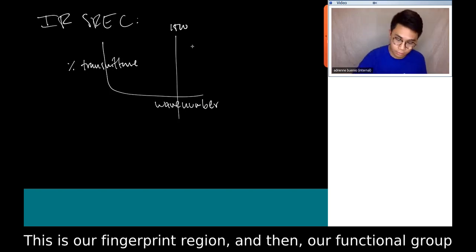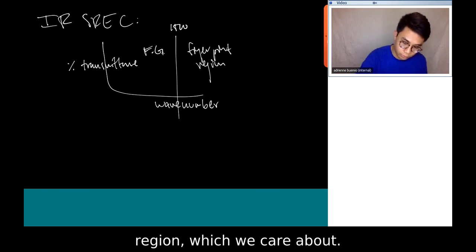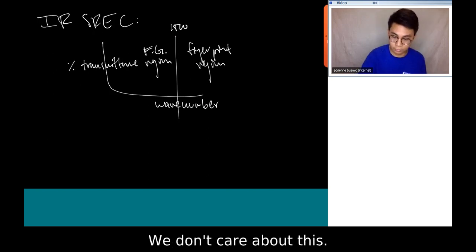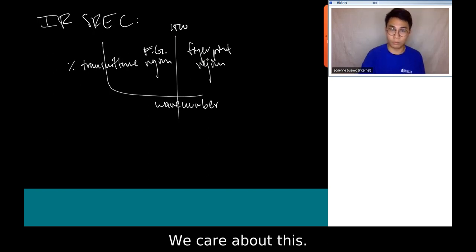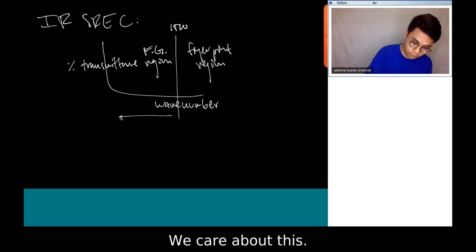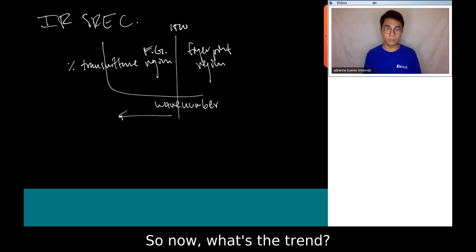This is our fingerprint region, and then our functional group region, which we care about. We don't care about this, right? We care about this. So now what's the trend?